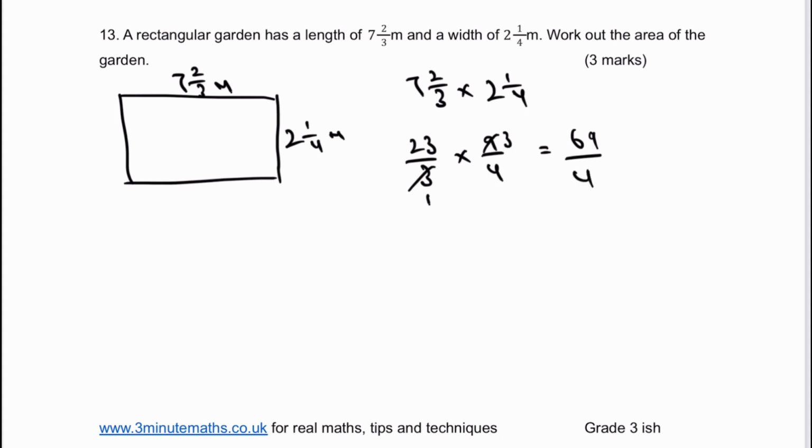Okay, so a little bit of short division to do here. 4 into 69, well, that's going to be 1, and then I've got 2 left over, so 4 into 29 is going to be 7. So 7 4s are 28, and I've got remainder 1. So basically that's going to work out at 17 and 1/4 metres squared, and that would be the answer to that particular question.